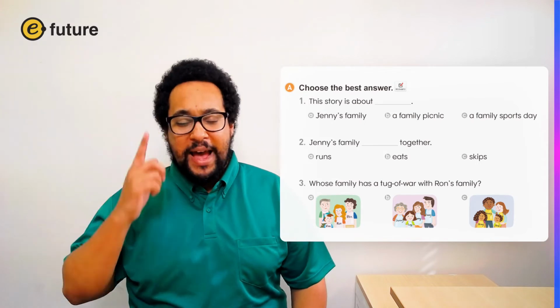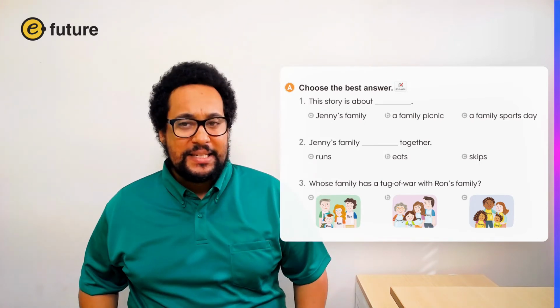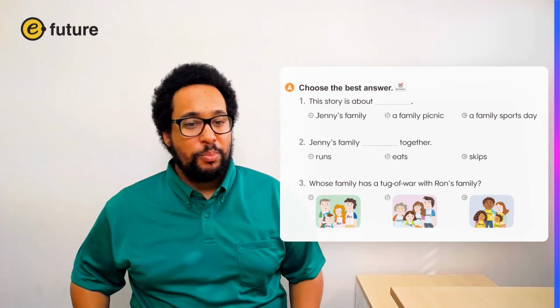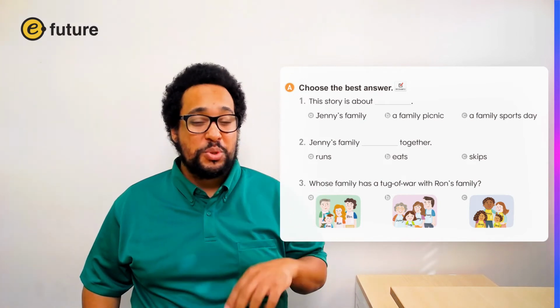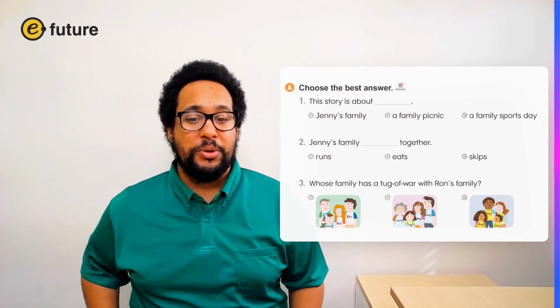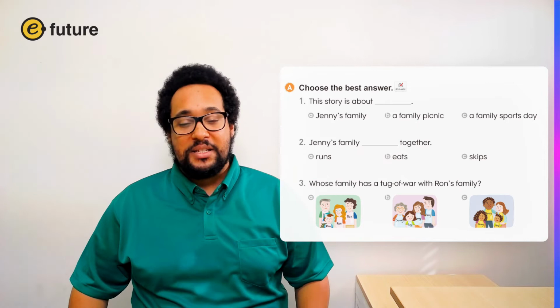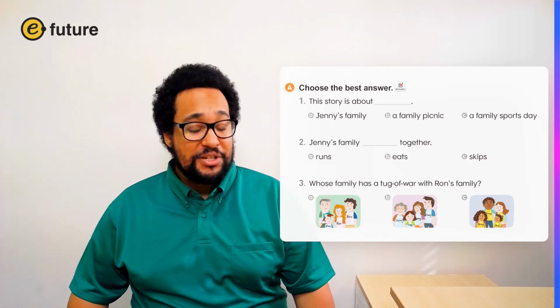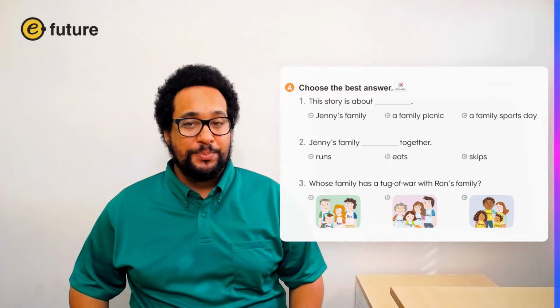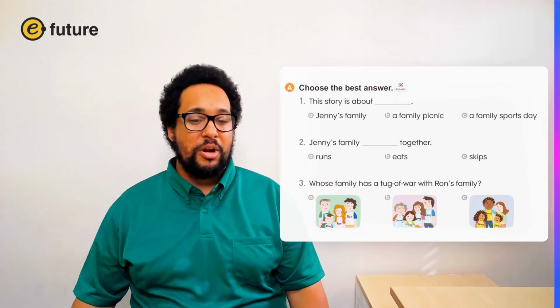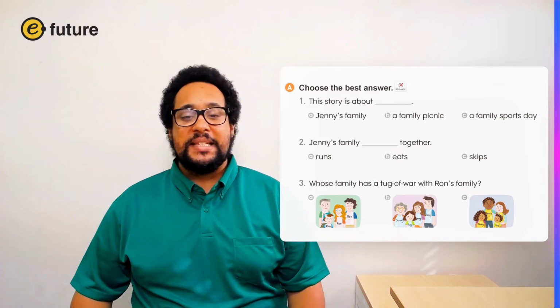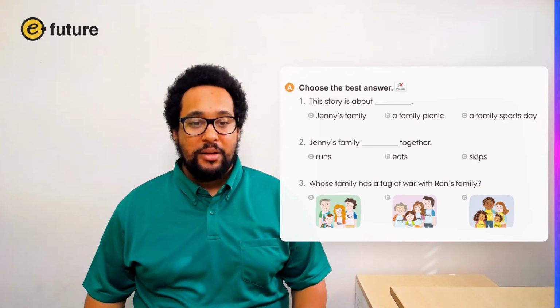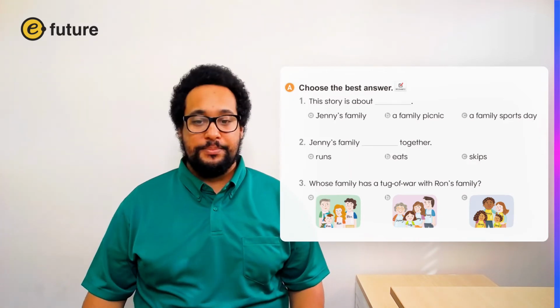So, think back. Which sentences did you underline with your partner? One of those should probably give you a clue about what this story is about. Is this story about Jenny's family? Kind of, but not really. Is this story about a family picnic? No, it's not.